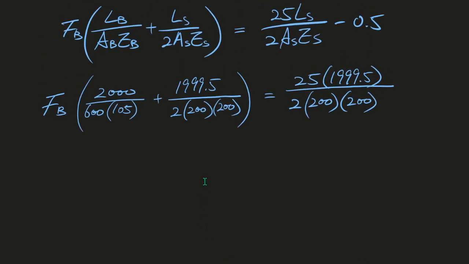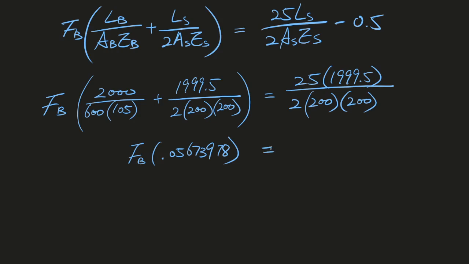Okay, let's do more calculator work. 2000 times 600 times 105 plus 1999.5 over 2 times 200 times 200. That gives me Fb multiplied by 0.056797397.